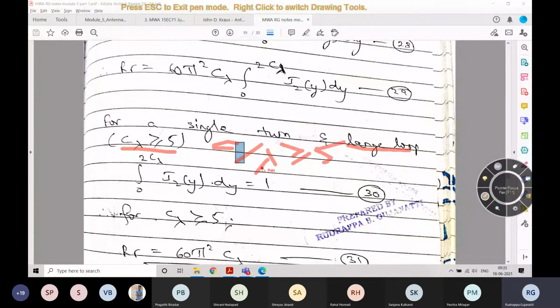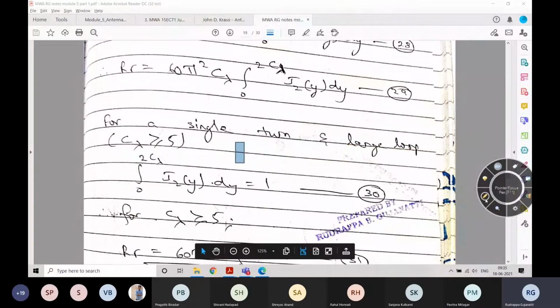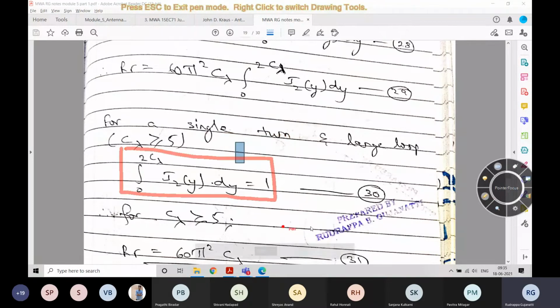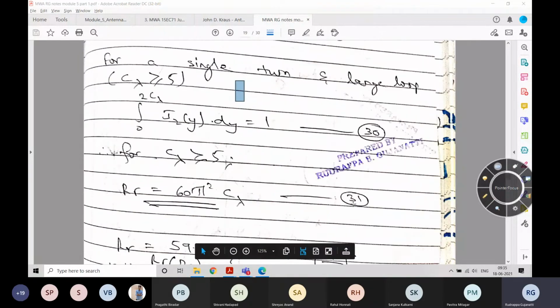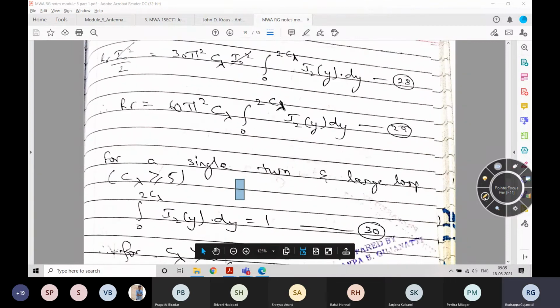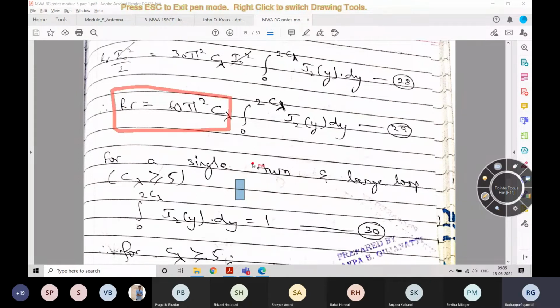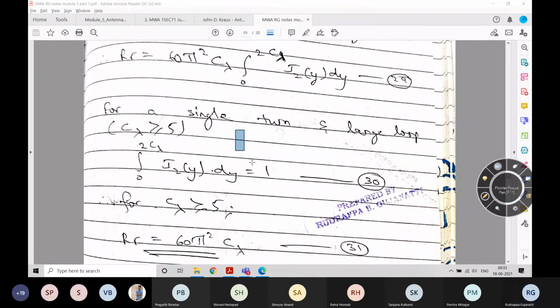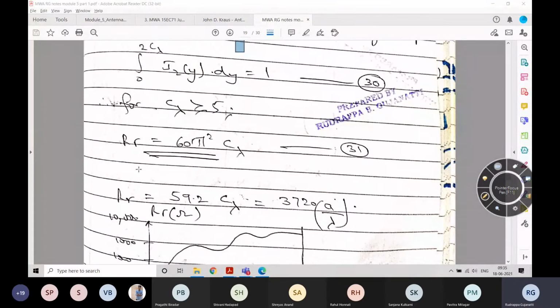So if c by lambda is greater than or equal to 5, then we consider it a large loop. In this case, say we are considering n equal to 1, that is one loop. If that is the case, this integration equates to 1. Therefore, when we solve this problem, we get the radiation resistance for the large loop equal to 60 into pi squared into c by lambda.